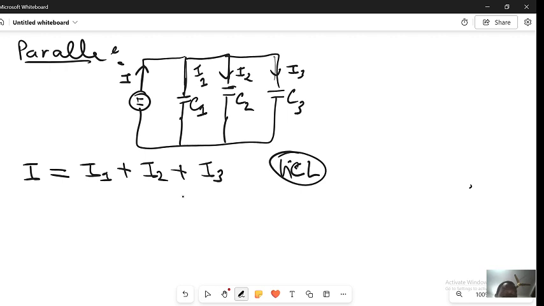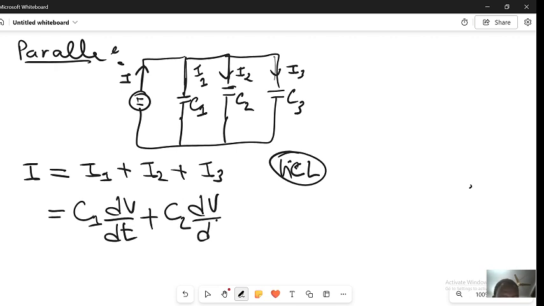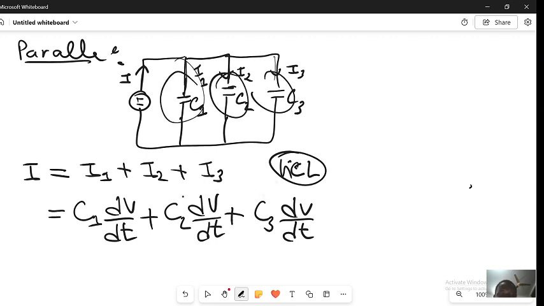Now what's the relation between the current and the voltage? I will have I equal C1 dV/dt plus C2 dV/dt plus C3 dV/dt. No need to put V1, V2 because all are in parallel. They have the same voltage.